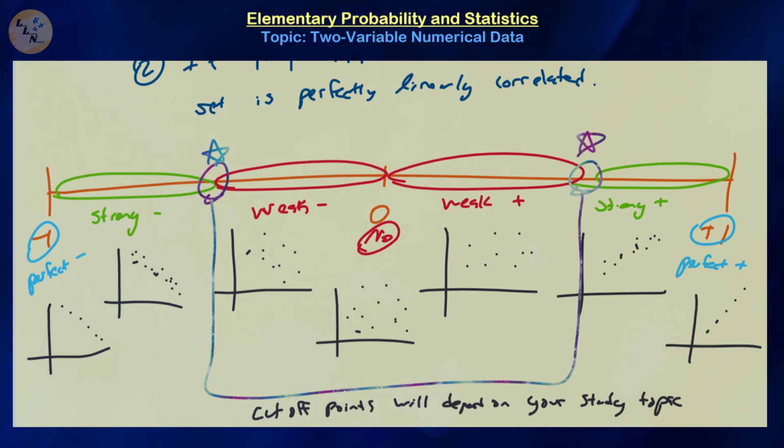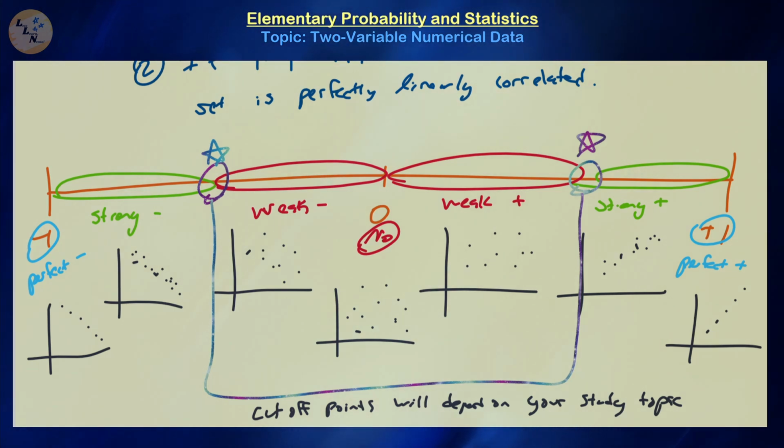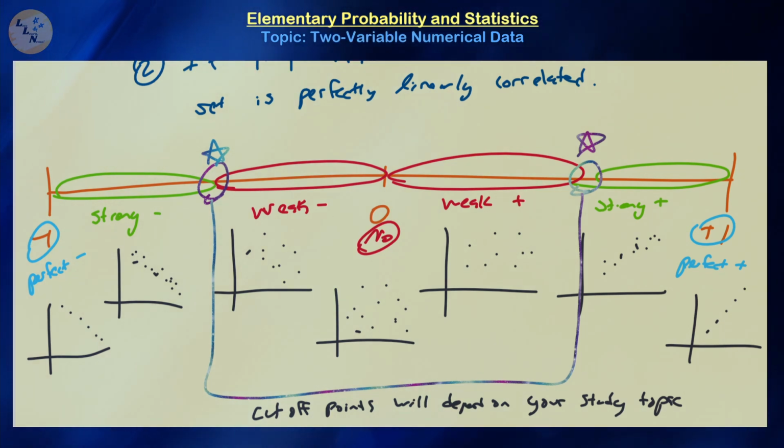For example, those cutoffs should be closer to plus or minus 1 if you're working with something very sensitive, for example, medicine. But if you're looking at the correlation between ice cream and how much your dog likes hanging out with you, maybe you'll put these thresholds a little bit closer to 0 because it's not as serious a topic, or maybe it is and you can put it closer to 1.